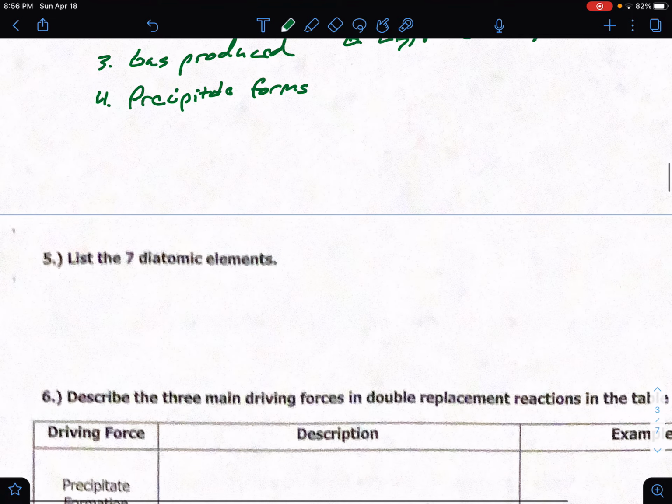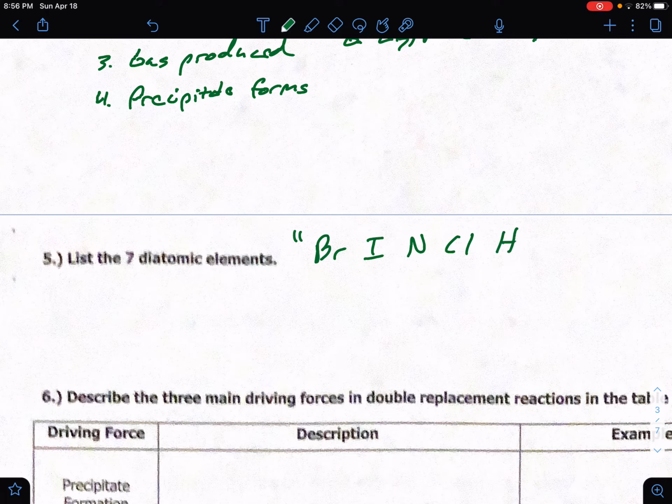Number 5, list the 7 diatomic elements. The way I remember this is the name Brinkelhoff: B-R-I-N-C-L-H-O-N-F. Those are your 7 diatomic elements. Di means 2, meaning these do not like to be by themselves.